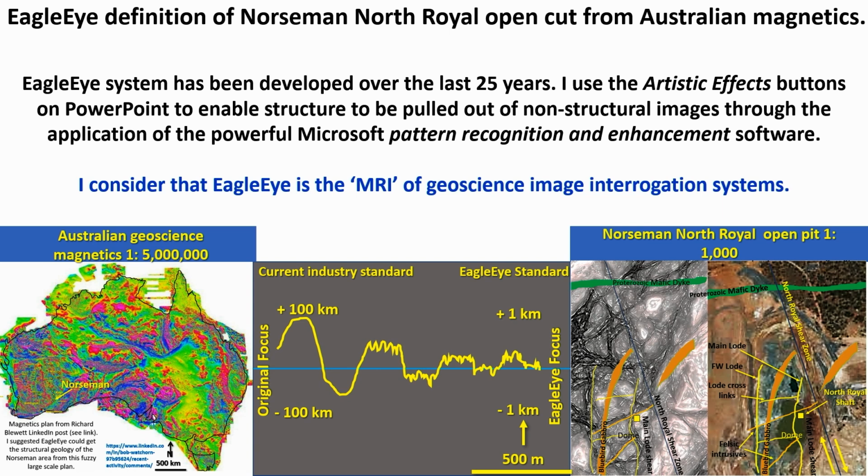So we go from Australia-wide magnetics down to the North Royal, which is a huge leap.